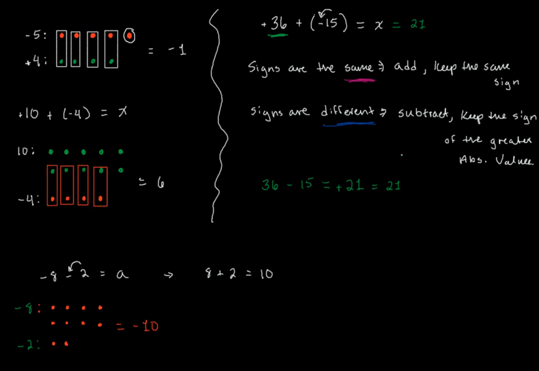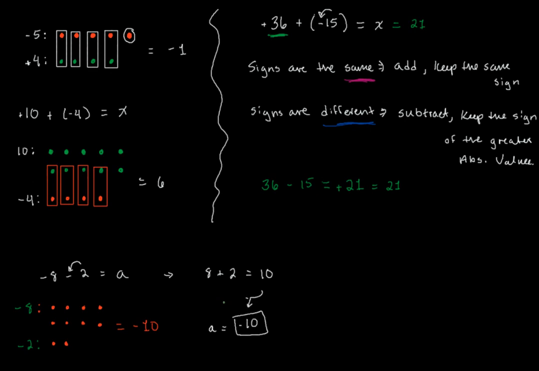And then because I want to keep the same sign, we started off with 2 negatives, so I'm going to put my 10 as a negative 10 instead. So A should equal negative 10.